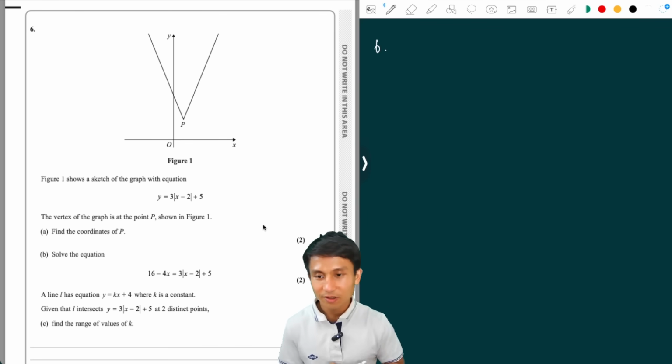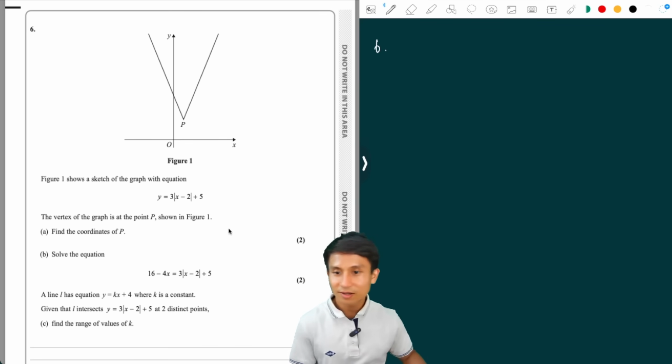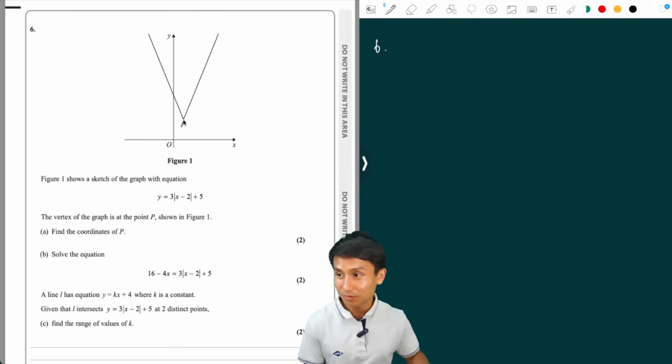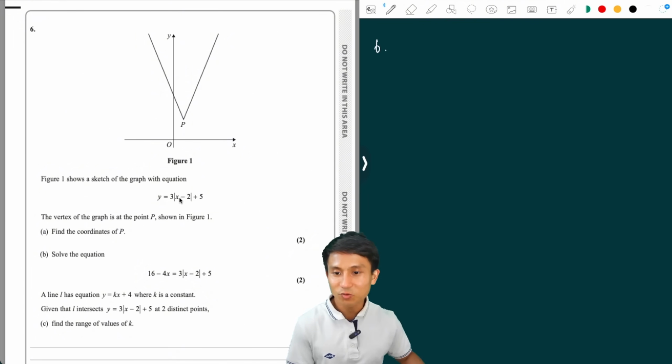Well, to make this very simple, we know that the vertex is kind of like the minimum, right? Because if you look at the first term here, it can only be minimum at 0. If you put the modulus part here being 0, the whole thing becomes 0, and the minimum is at 5.